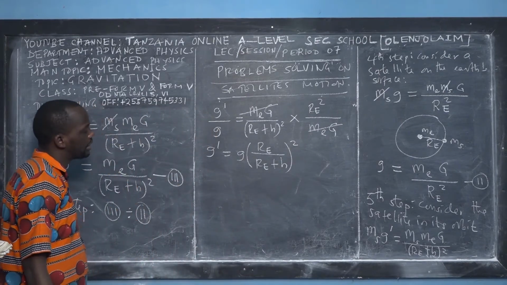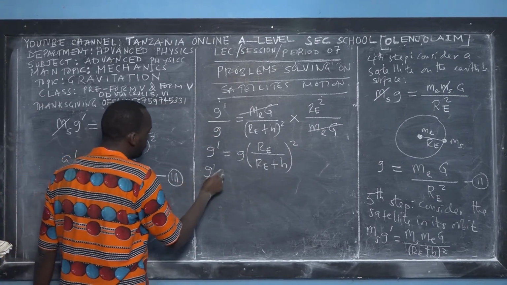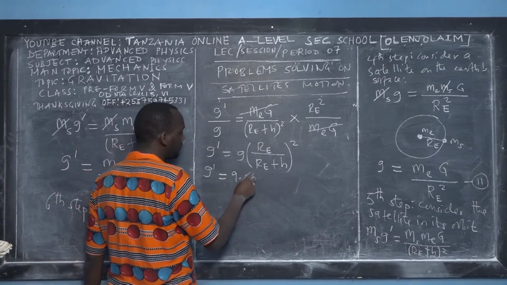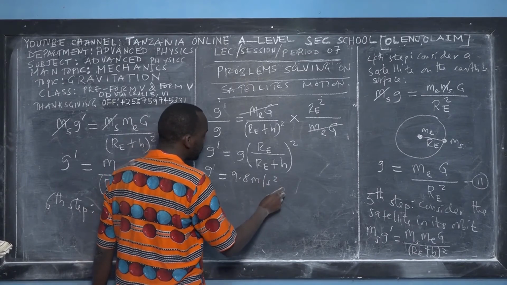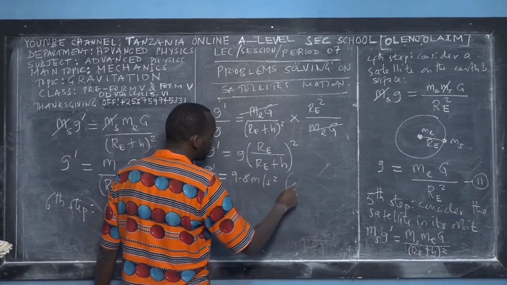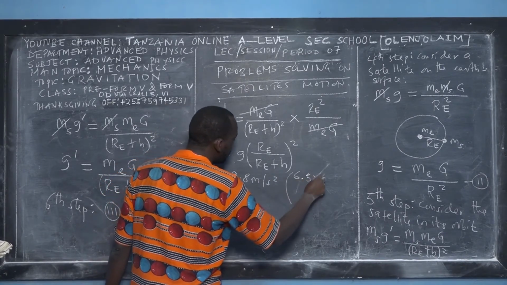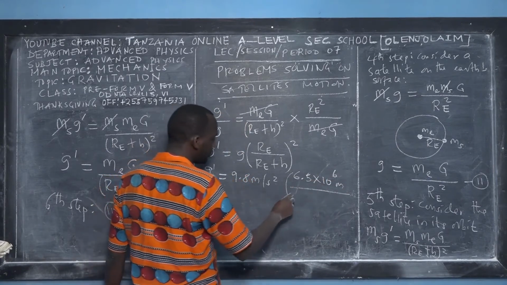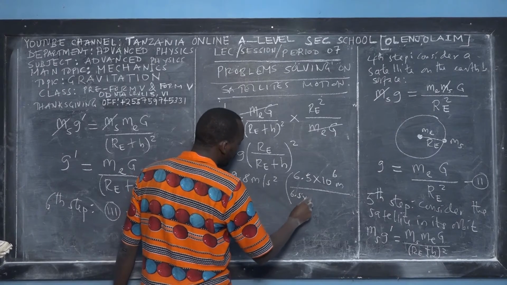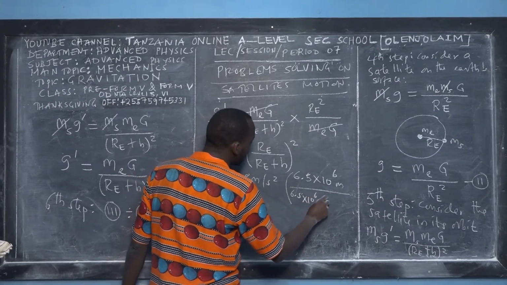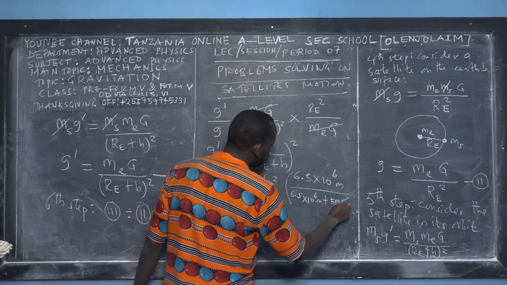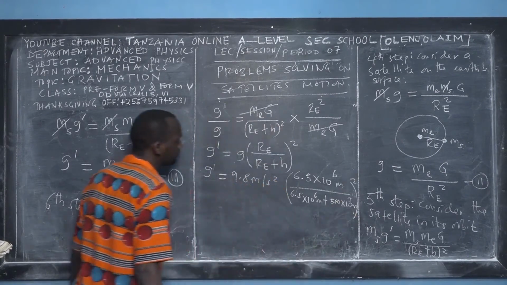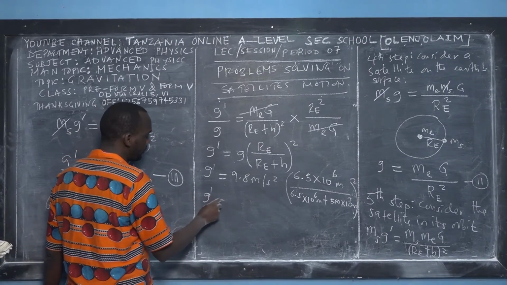Right? So you see that now we can do our computation by using the given constants. This g is 9.8 meters per second squared, and then you multiply by 6.5 exponent 6 meters divided by 6.5 exponent 6 meters plus 500 exponent 3 meters, and then squared.